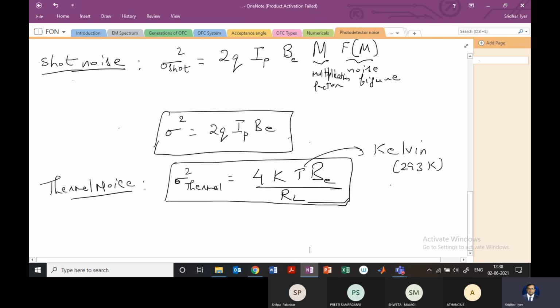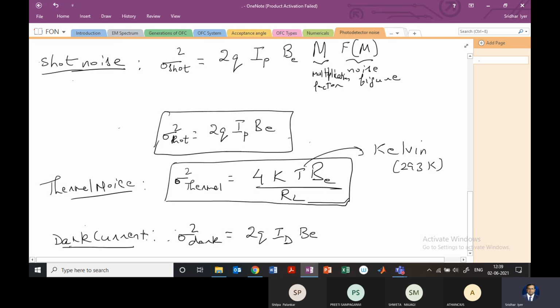And then there is of course the dark current and the surface leakage current. This dark current will be almost in the form of the shot noise, and this will be 2q I_D B_E, instead of I_P, where I_D is the dark current and B_E is the bandwidth.